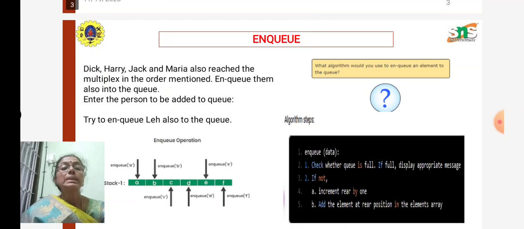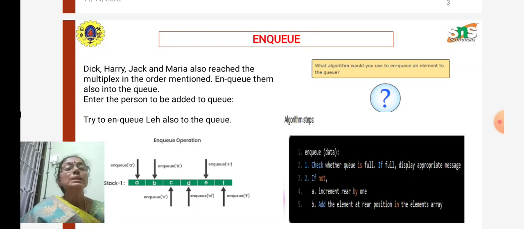First we will see what an NQ is. NQ means, suppose one person enters, where should the person stand? The newly entered person should stand at the rear position. The algorithm for NQ is that first we check whether the queue is full or not, because if the queue is full we cannot insert any element in the queue.